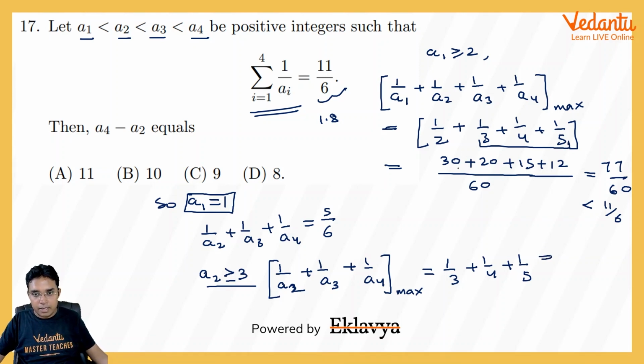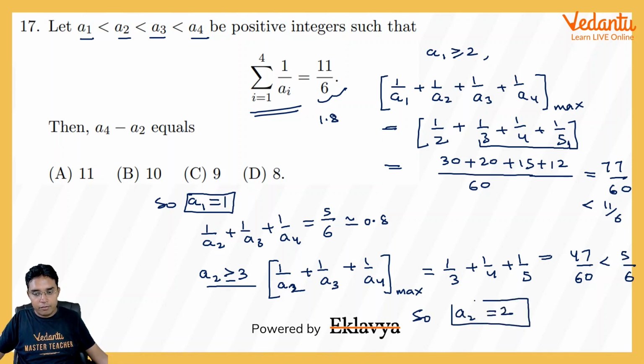I think this 30 will not come here, so this will be 47 upon 60. And you can check 5 by 6 is greater than 0.8 actually, and this is less than 0.8. So here this is less than 5 by 6. So once again this A2 cannot be greater than or equal to 3. So this A2 has to be equal to 2 only.